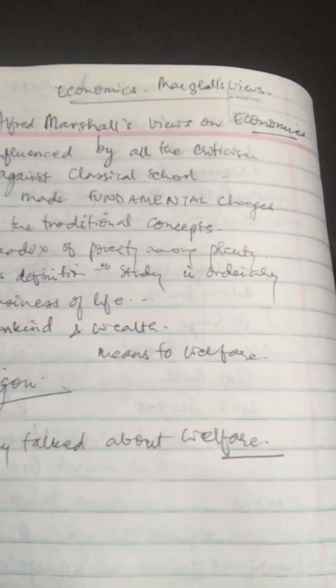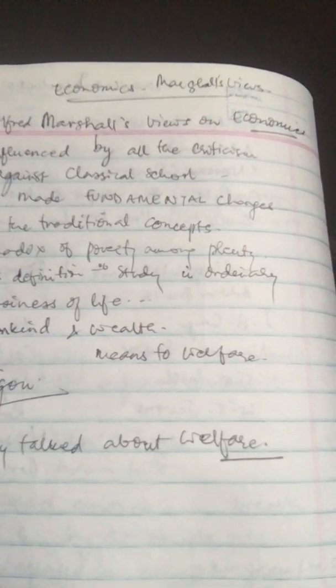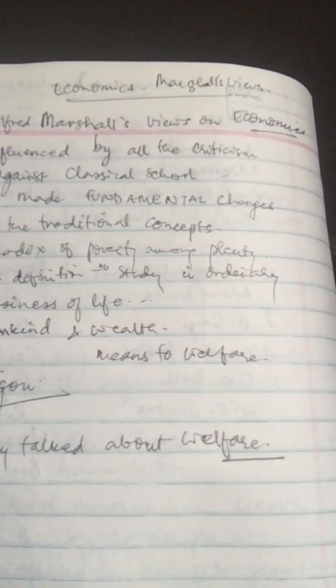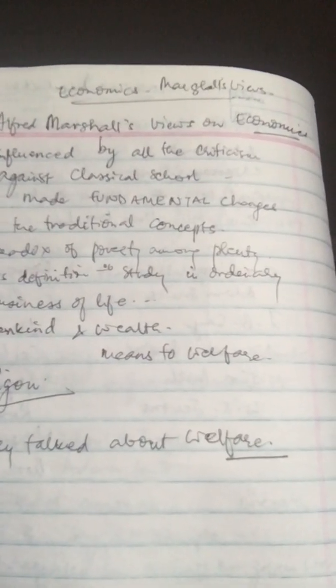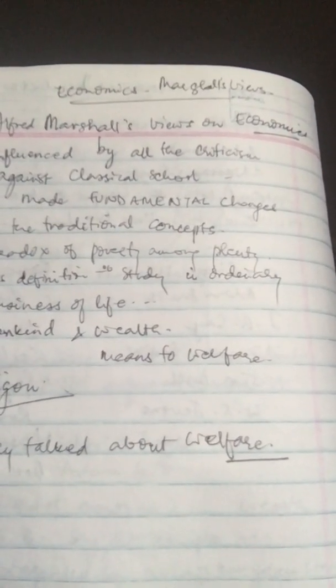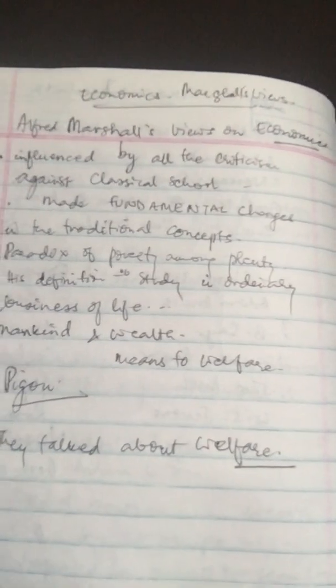So Marshall considered economics as a means or an instrument to better the conditions of human life. Marshall put great stress on the ethical element and thus successfully humanized the dismal science, as it had started to be called.